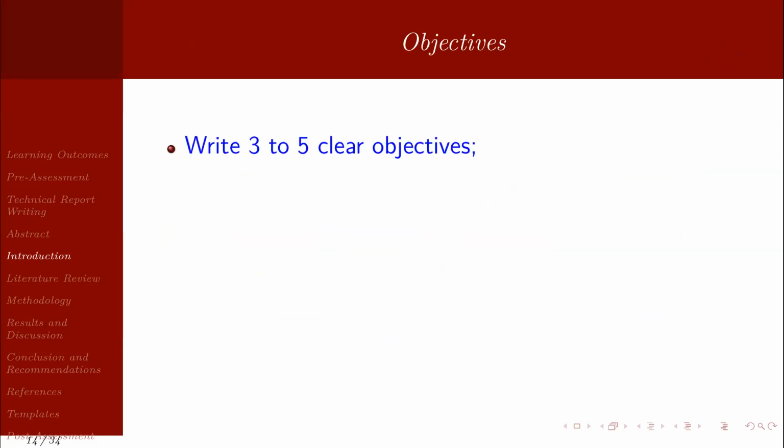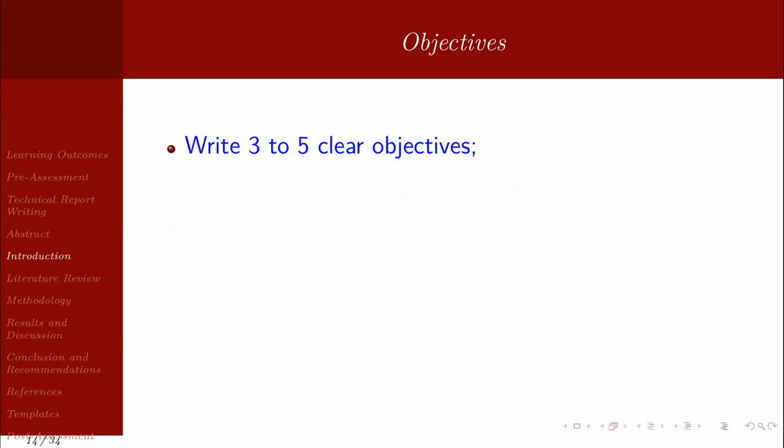Regarding objectives, objectives are very important. Later on, your future work will be based on these objectives. You'll be guided by these objectives. Throughout this thesis work, it should be at the back of your minds that these are my objectives, so I should be doing this work or that work to fulfill these objectives.